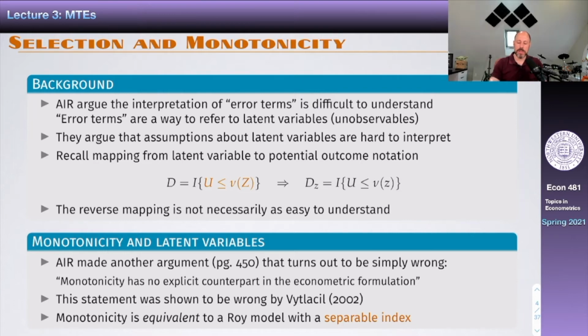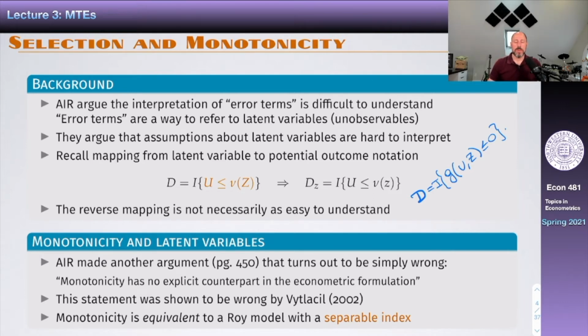If you look at this model over here, you can imagine that more generally, D could be the indicator that some function, let me say g of U and Z, is less than or equal to some threshold. So you can think about a model more generally like this.